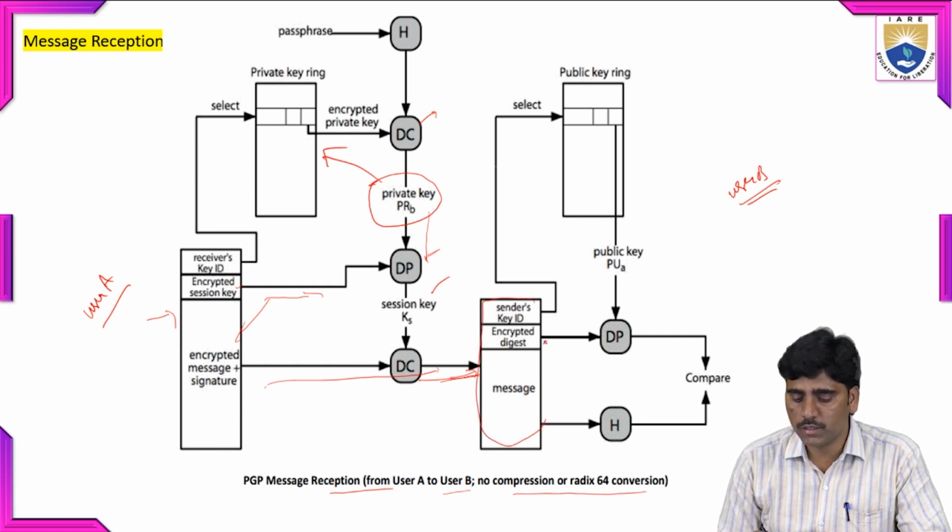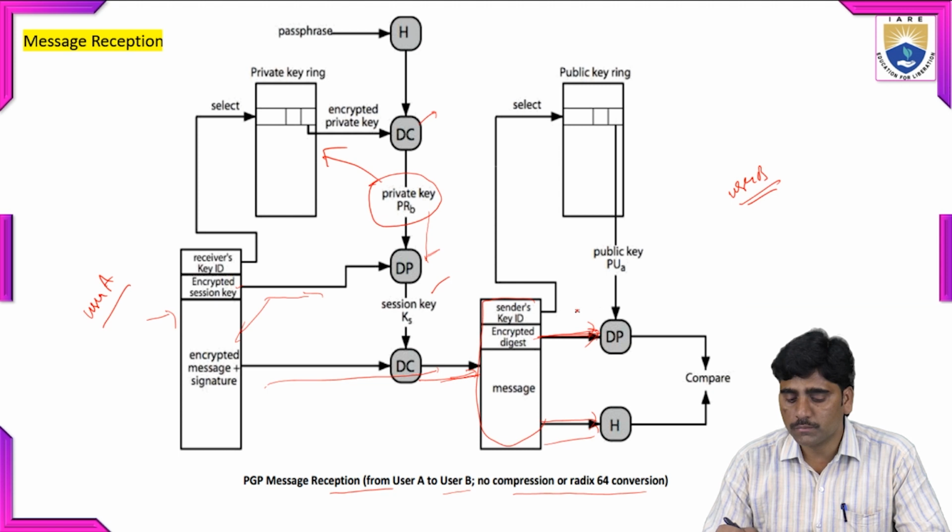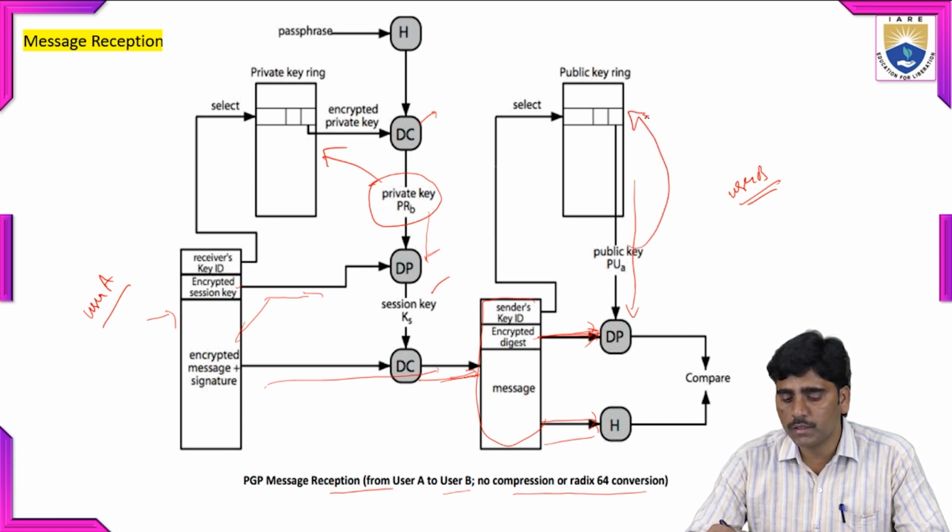The message is divided into the encrypted digest as well as the normal message. So now this encrypted digest will be decrypted by this public key. So here the public key is coming from what? Coming from the public keyring.